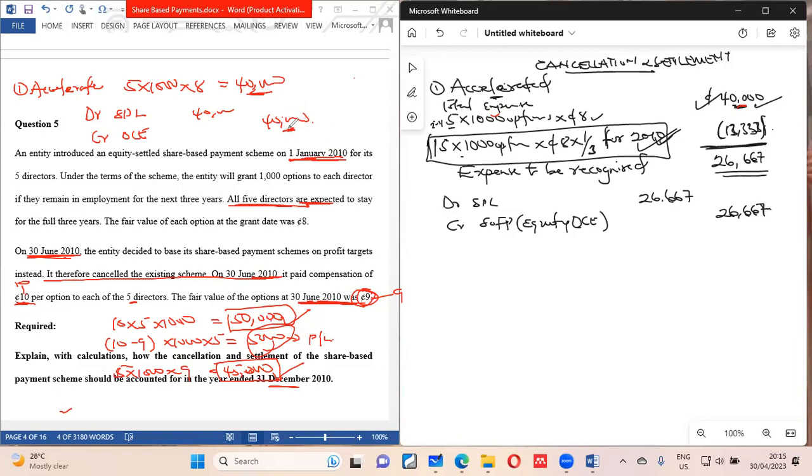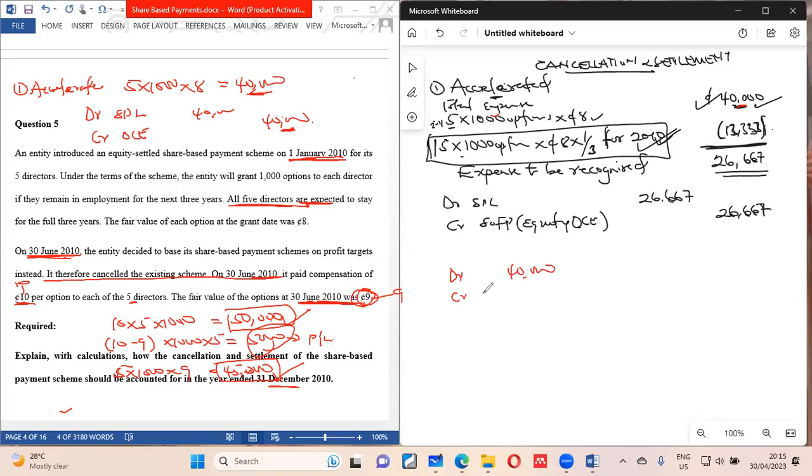So this OCE that is here. So if you want to pass the double entries of this question, I'll come back to this when I change the dates. So any payment that is here, what you realize is that you have debited expense of 40,000.